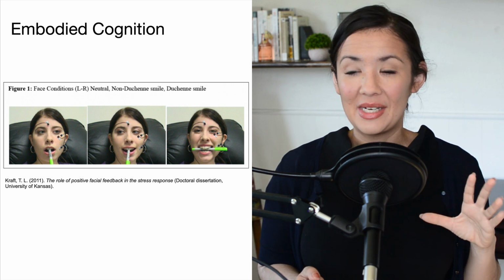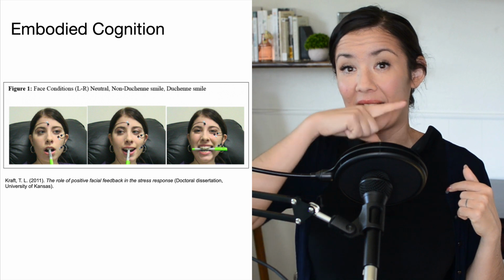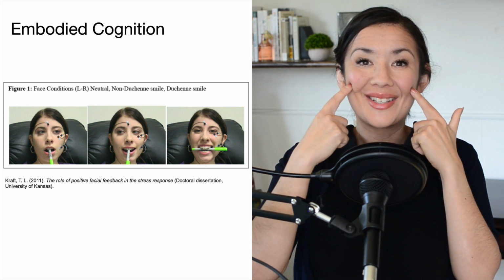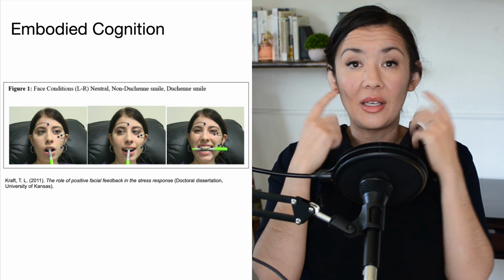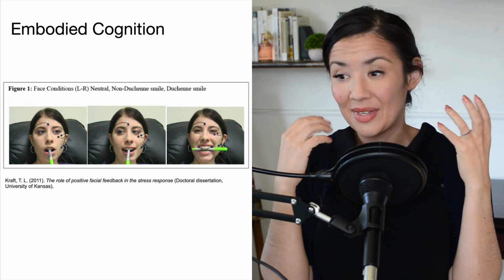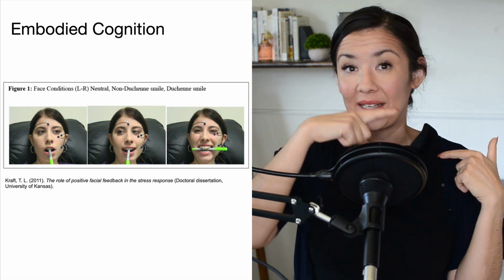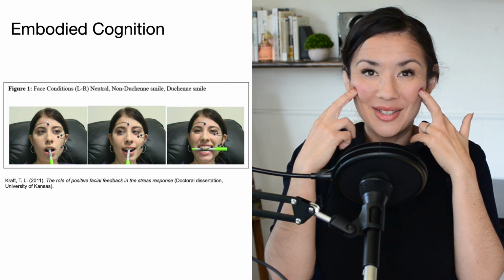Well, what they do is they have participants hold a pencil in their mouth sideways, and when they do that, they have to activate the muscles in their face that generally are activated when smiling. You can see it on the picture on the right there. So while the person is not smiling with the pencil in their mouth, the muscles for smiling are activated.